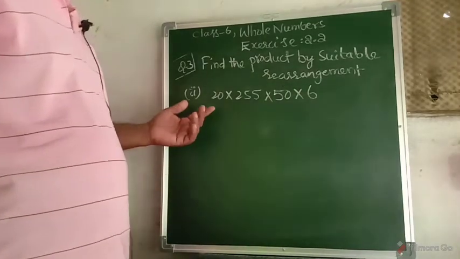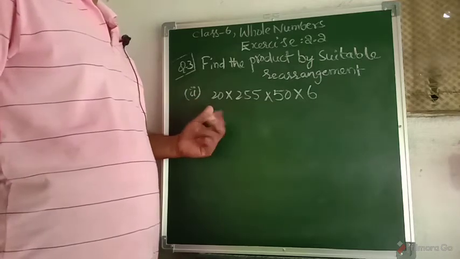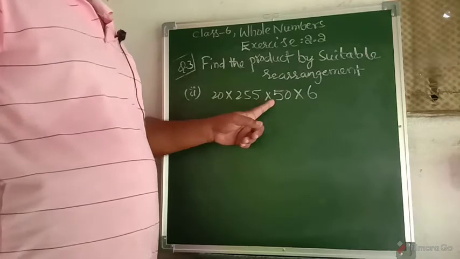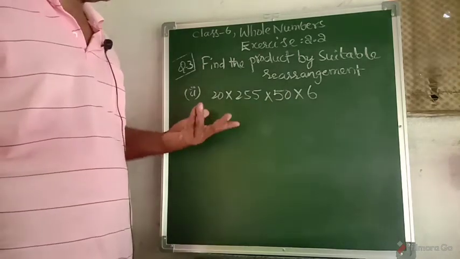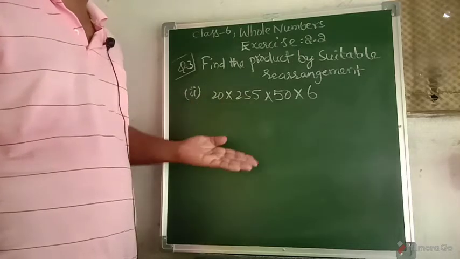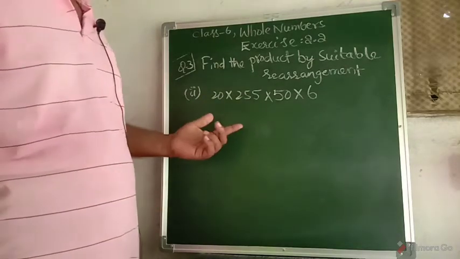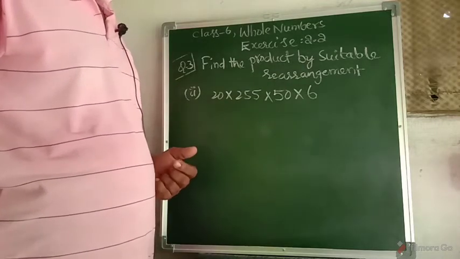In the next question, here we consider the multiplication of four whole numbers: 20 into 255 into 50 into 6. The general way is multiplying all four numbers and showing the product. But instead, the condition given in the question is suitable rearrangement.